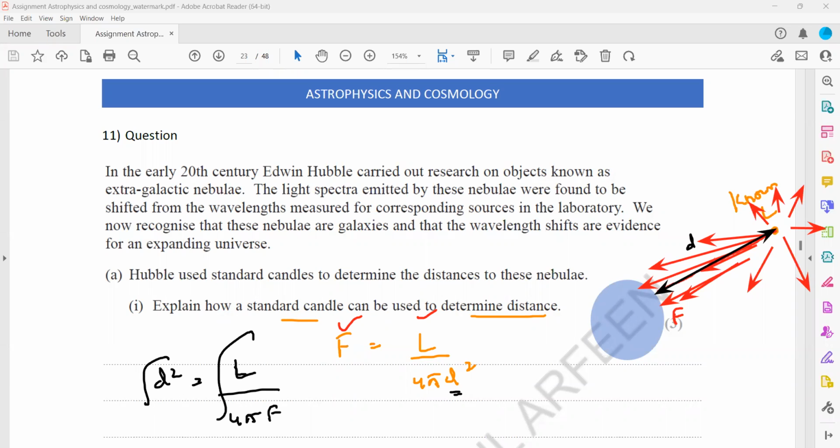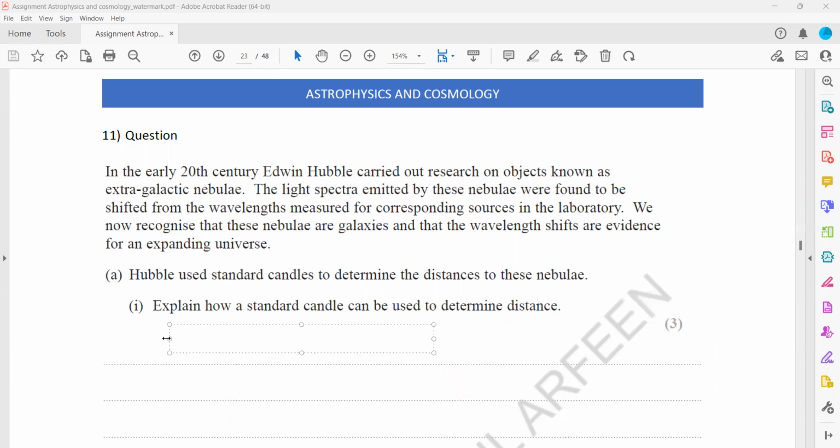To write such an answer, you will mention how a standard candle can be used to determine the distance. The first point which scores the mark is a stellar object with a known luminosity. The standard candle is an object of known luminosity.